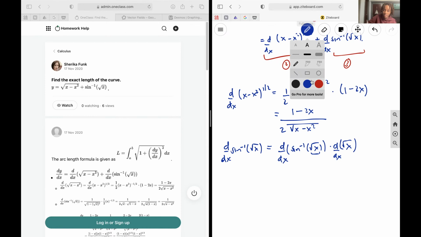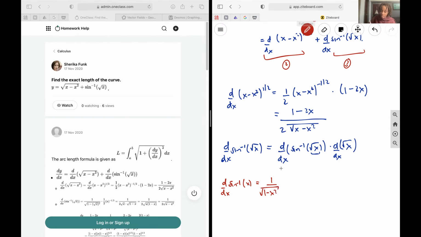And I just need to note that down here for you. The derivative of inverse sine x is 1 over root 1 minus x squared. And that's if I have x. And so now that I have root x instead here, let's write that down somewhere else.